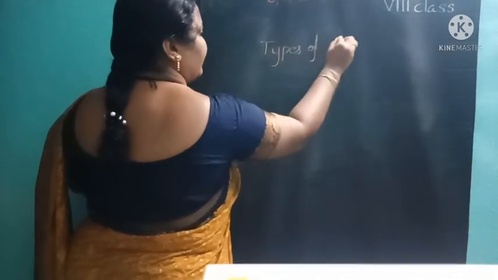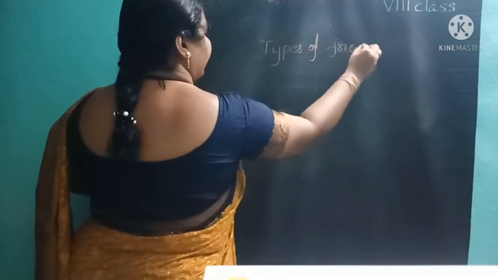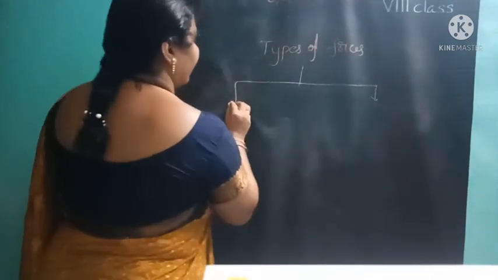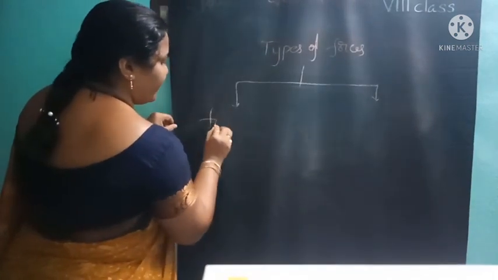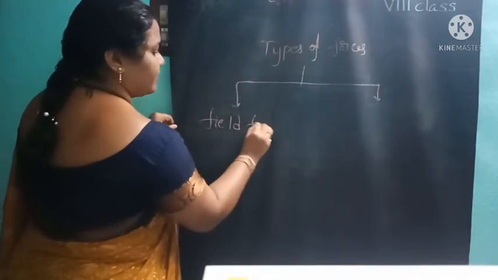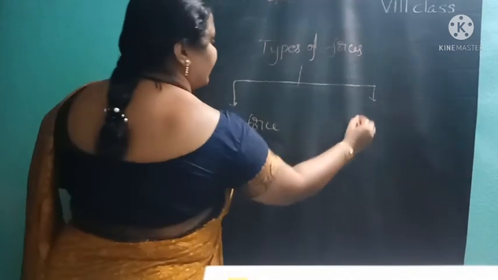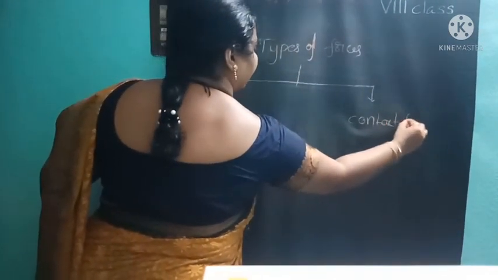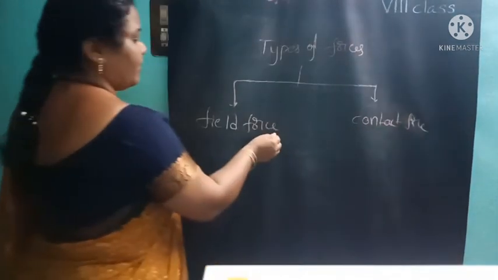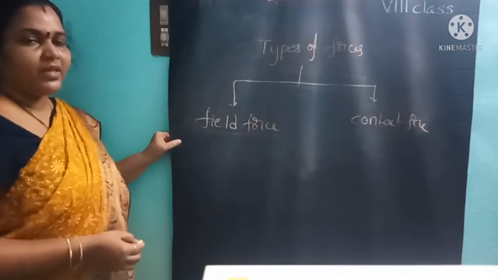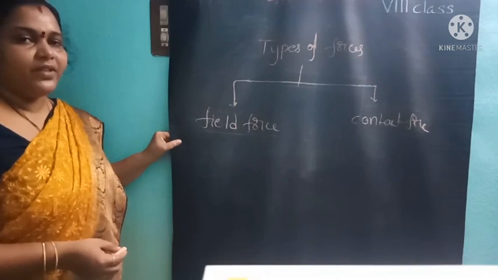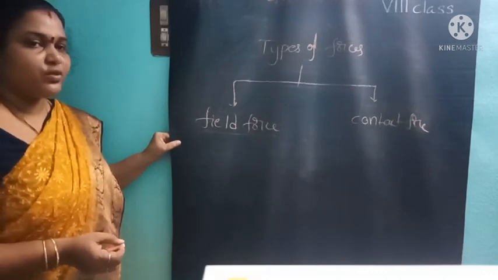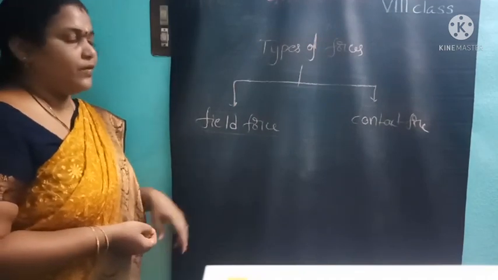Types of forces. There are two types of forces. One is field force. Another one is contact force. What is field force? Without any physical contact between two objects, the force is said to be a field force.